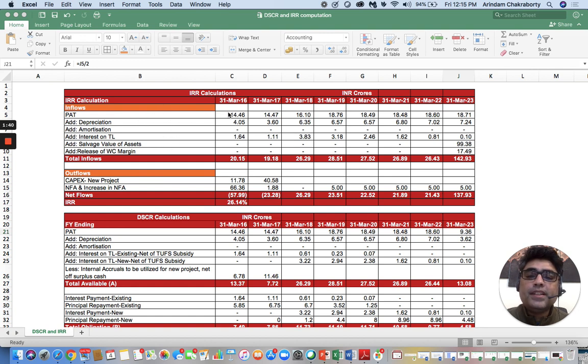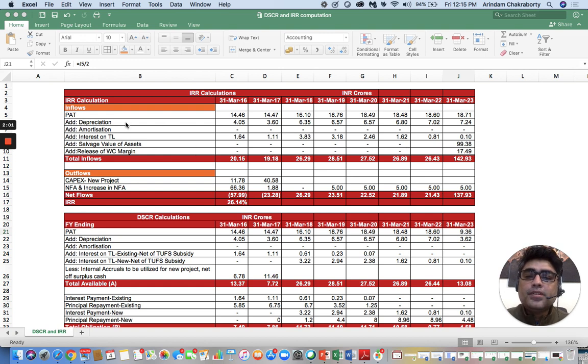First we see the PAT figures, then the depreciation figures. Obviously these are projections, and each of these components is taken from a back-end calculation, which is not something I am placing here. Here the focus is to understand how IRR and DSCR computation is done.